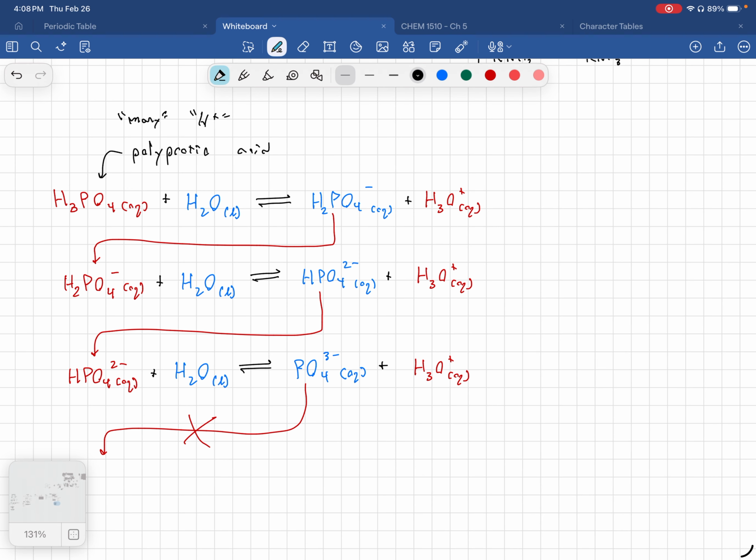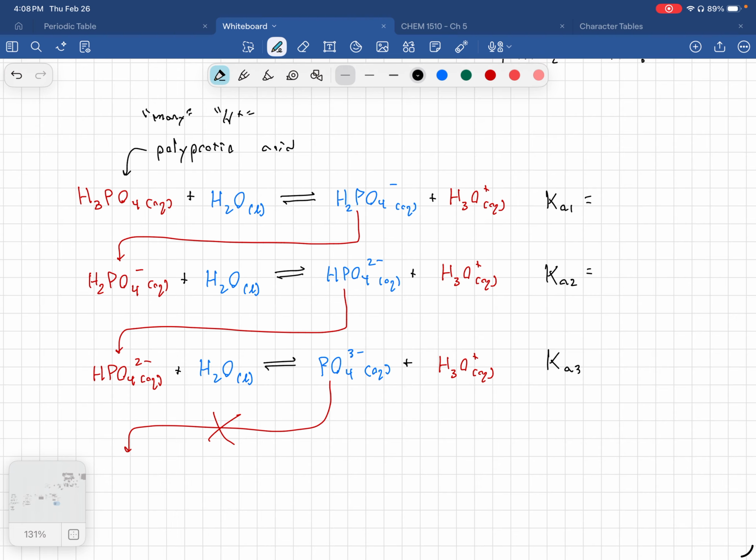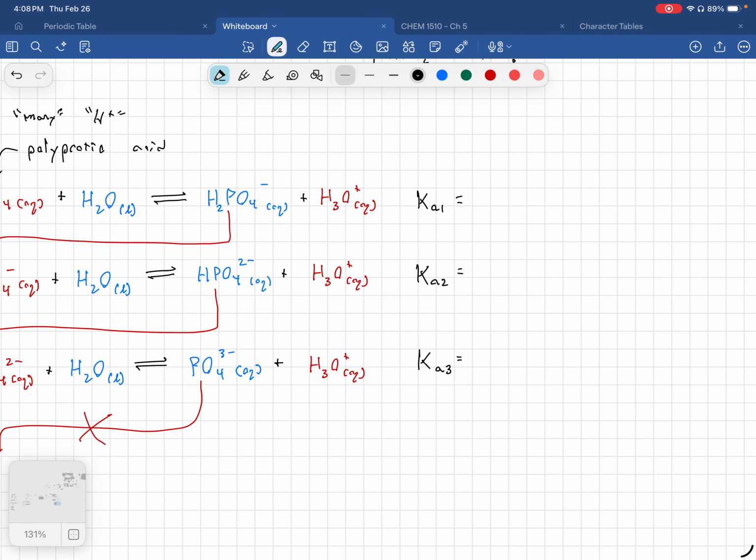It has 3 ionizable protons, and that means it's going to have 3 Ka values, one for each of these proton transfers, right? One for a loss of a proton from H3PO4, one for the loss of a proton from H2PO4 minus, and one for the loss of a proton from HPO4 2 minus, right?